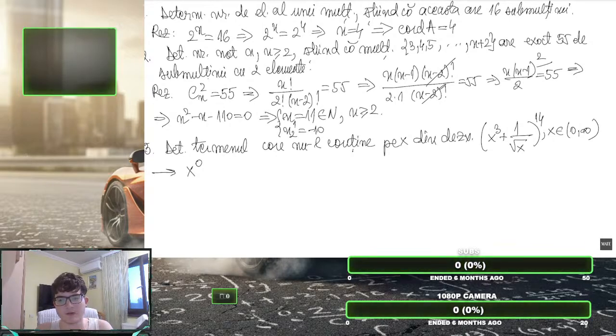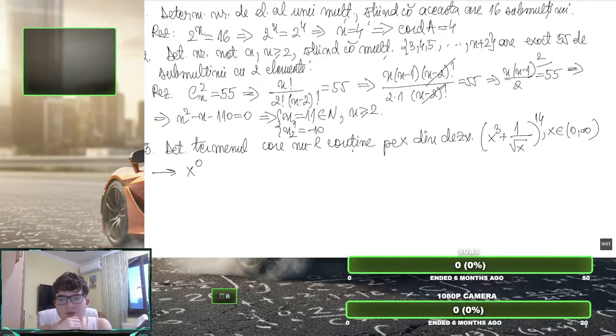We have this expression, right? At the 14th power. And within this expression, we have to find the term that does not contain x. So, right here, how we proceed.